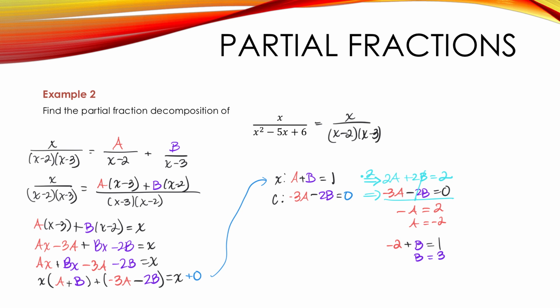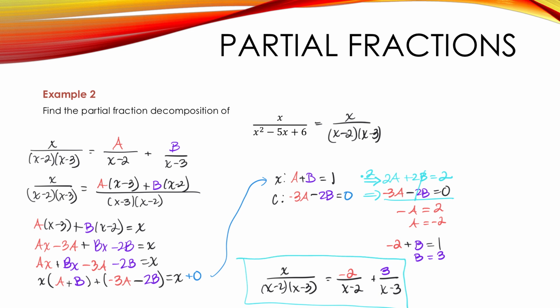So now we know that our decomposition is that x over x minus 2 and x minus 3 can be broken down into a, which is negative 2, over x minus 2, plus b, which is 3, divided by x minus 3.